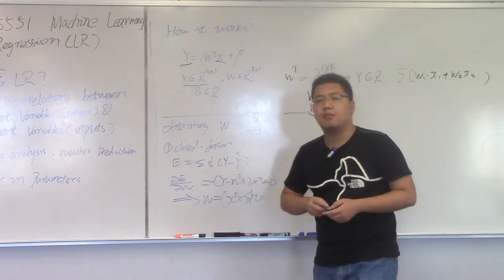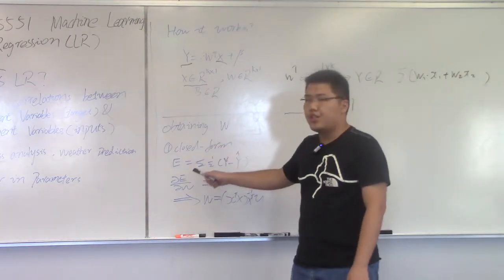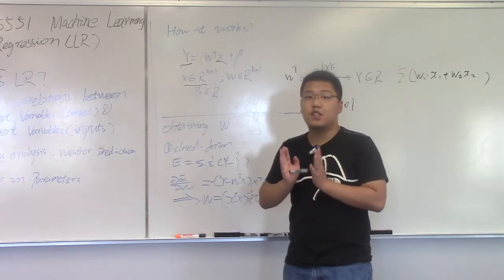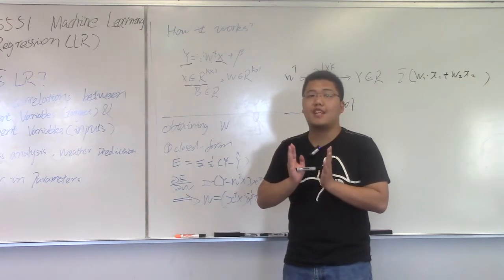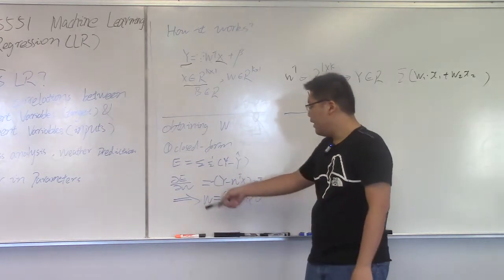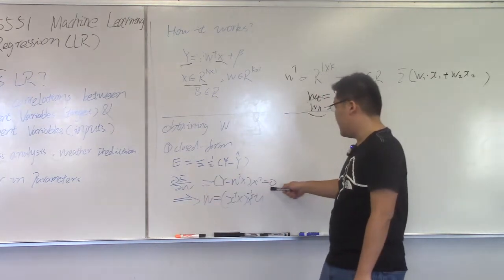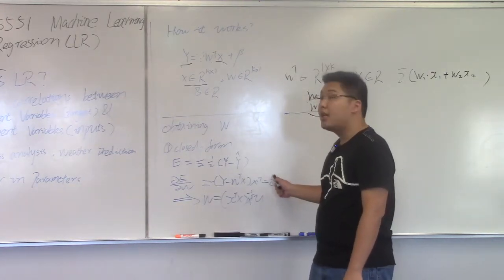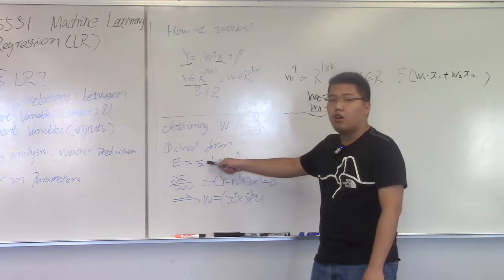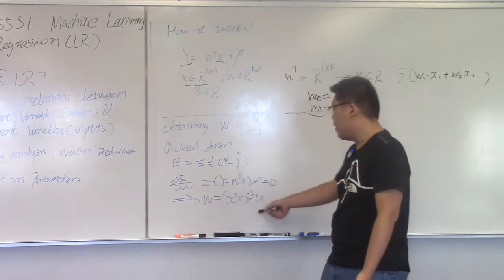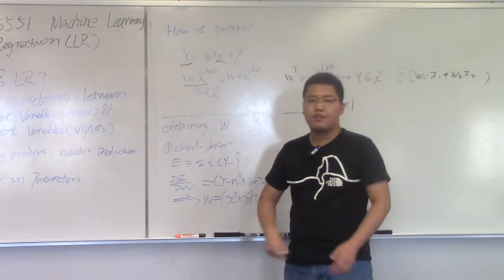Closed form solution means that an equation can be solved using a solution expressed in a finite set of operations. Setting the derivative to 0 leads to the minimization of our loss, and then we can easily derive the optimal W.